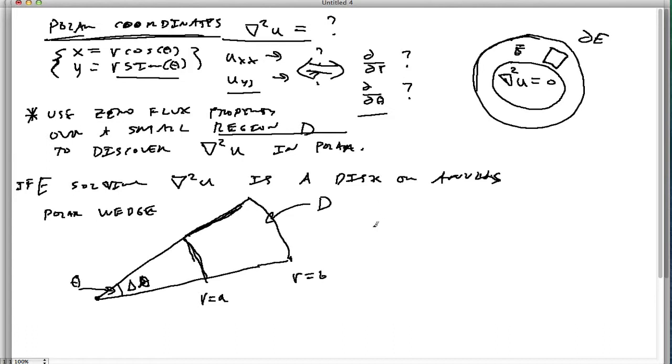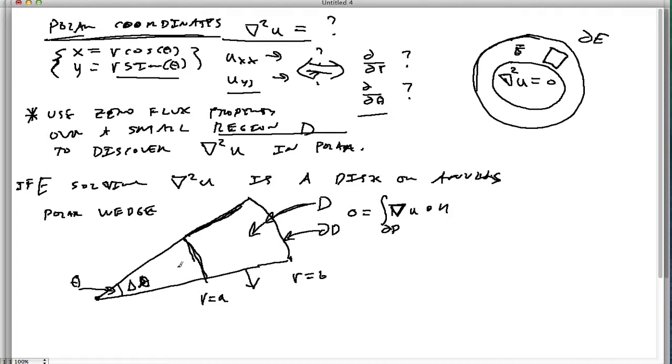If I take the boundary of this region, the edge of it, we know from the zero-net-flux property that we have the integral of the gradient of u dotted with the normal.